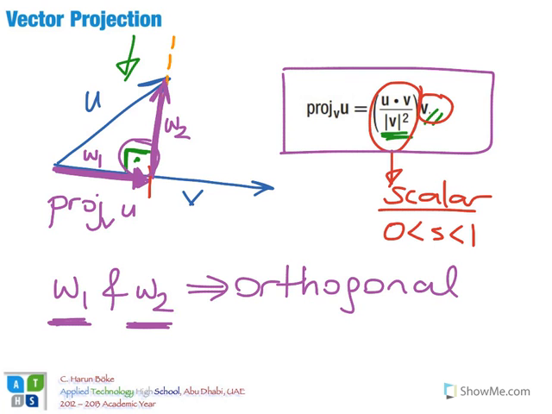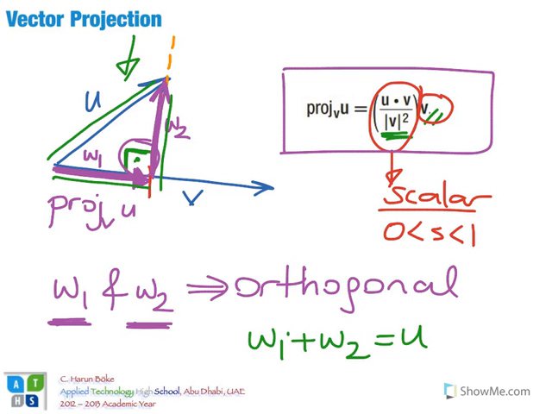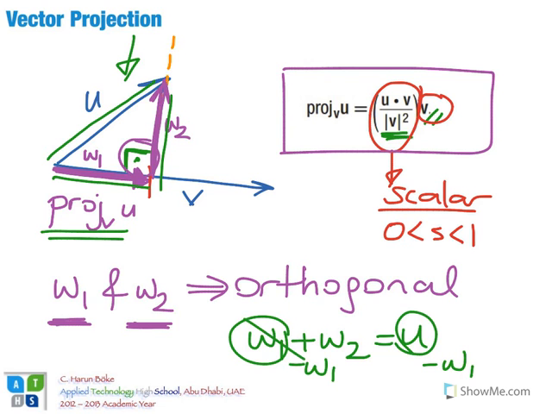W1 plus W2 will give us the resultant vector u. So if we know W1 from the projection, and we know u, because u will be given in the question along with v, then what we're going to do is subtract W1 so that we will have W2 to be u minus W1.